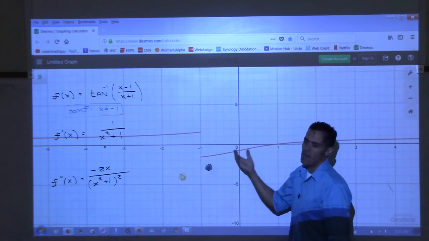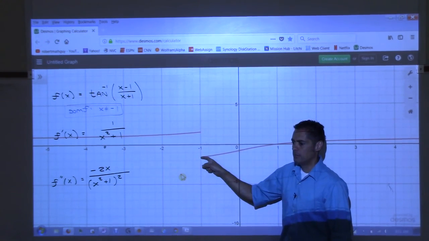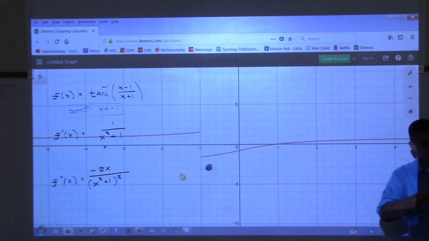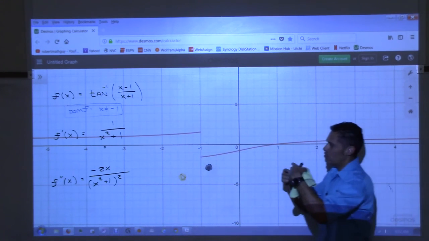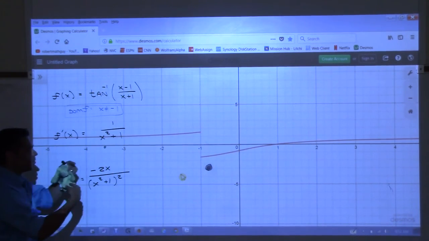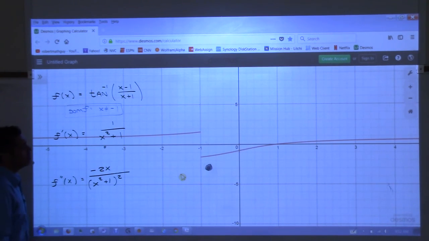And when we came in from the right, we never did that limit, but that was going to approach negative pi over 2. So you have a function that actually has a jump in it. I don't think we've ever looked at a function that has a jump like that that's not a piecewise function. This is just a regular old function, and all of a sudden it has a break in it. Keeps going. Pretty cool.